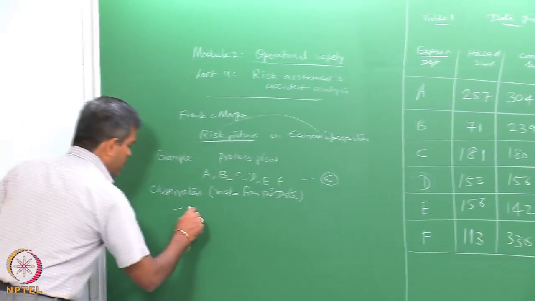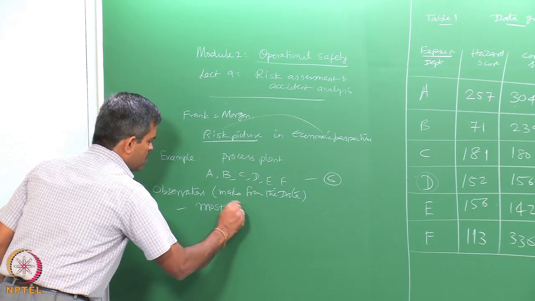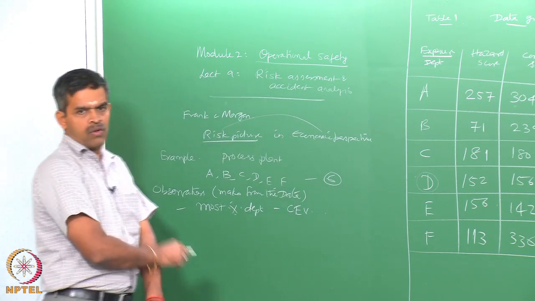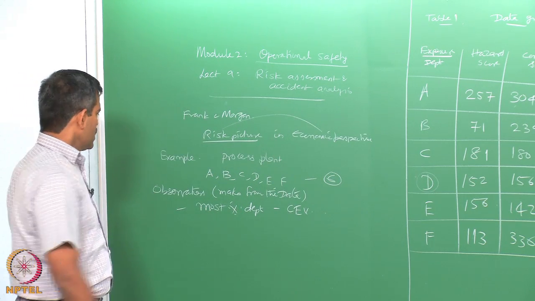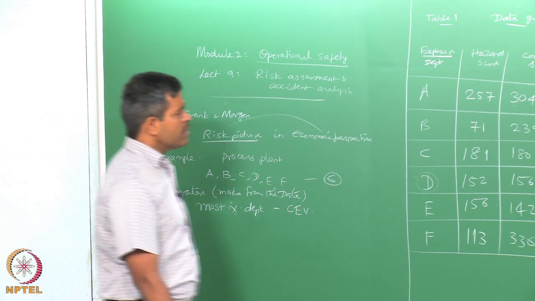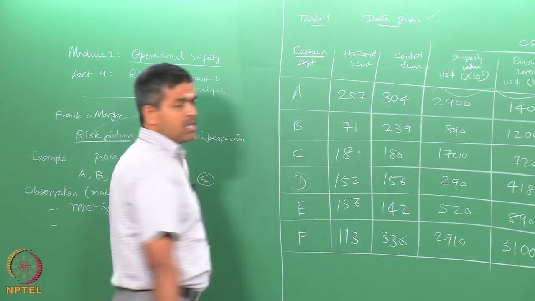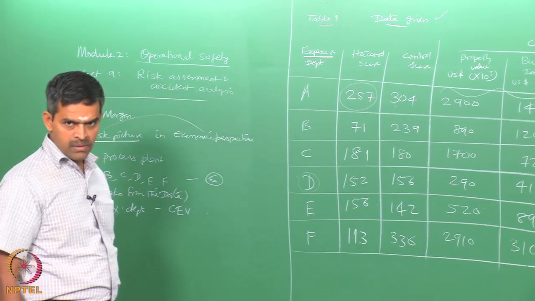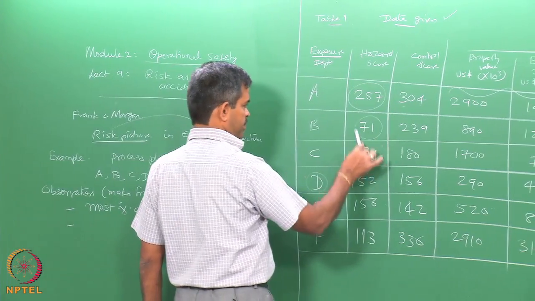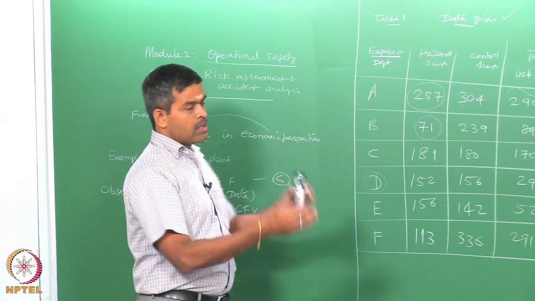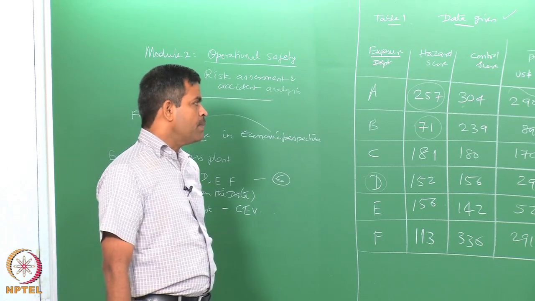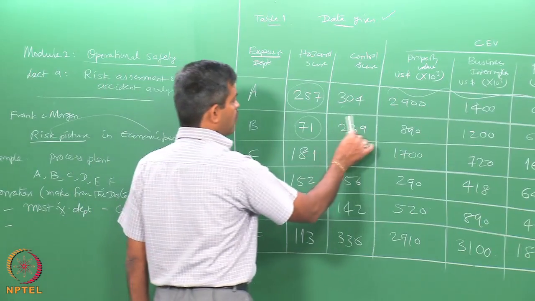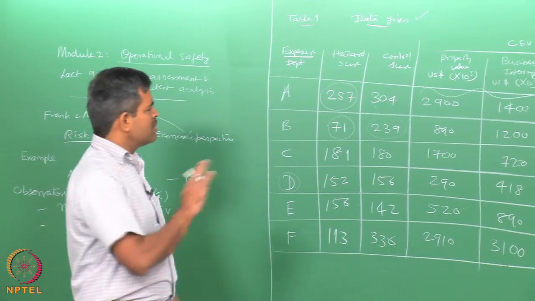So, one can easily find the most important department by looking at the composite exposure values. The second observation is that, looking at the hazard scores, department A seems to be most hazardous compared to department B. Then looking at the control scores, department B, which has the least hazard, also has a reasonably better control score, so it is expected to qualify as a reference department.